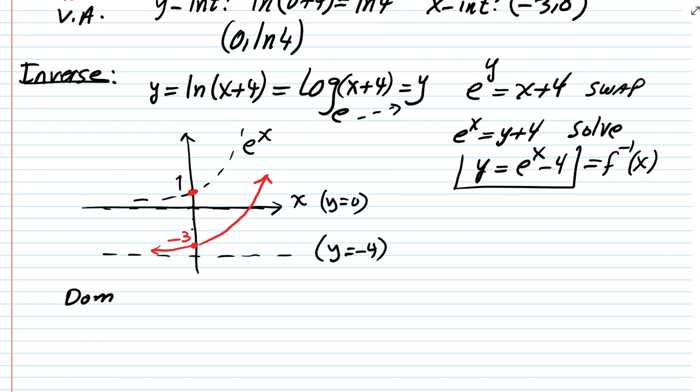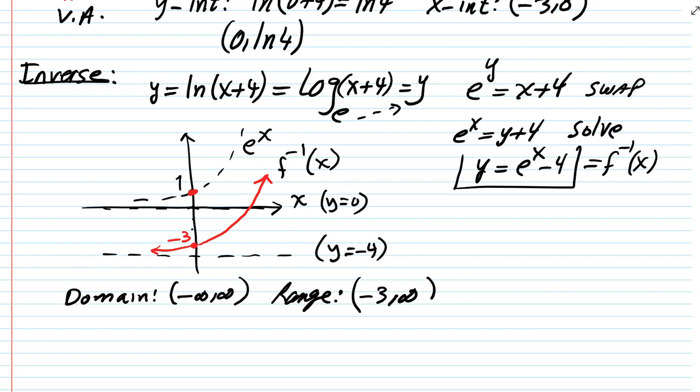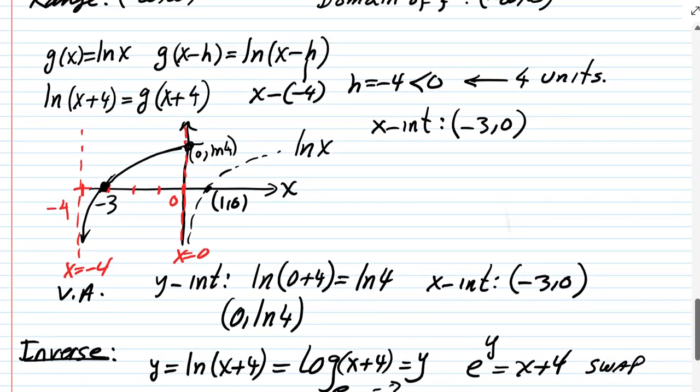So domain, and remember, this is the inverse now. Domain of the inverse is all real numbers. The range of the inverse, and we found these earlier too, ranges from -3 to infinity. See up here?